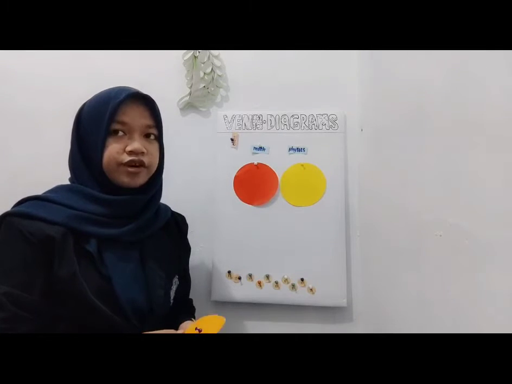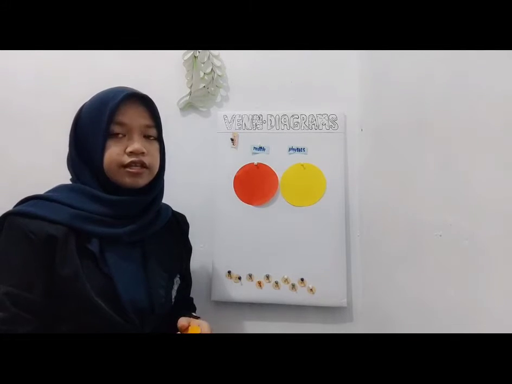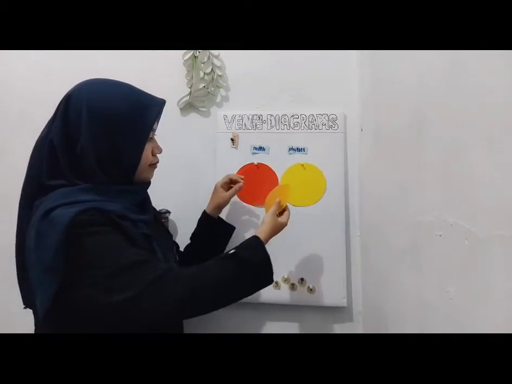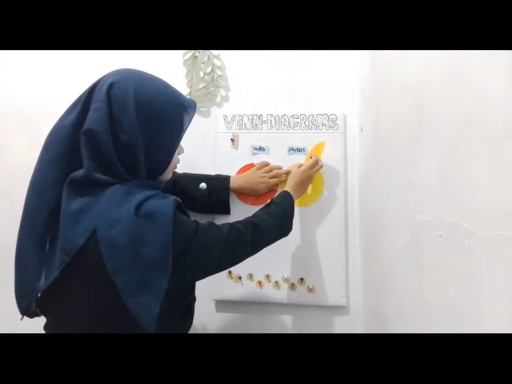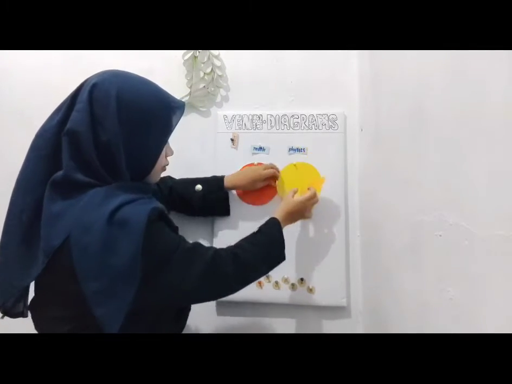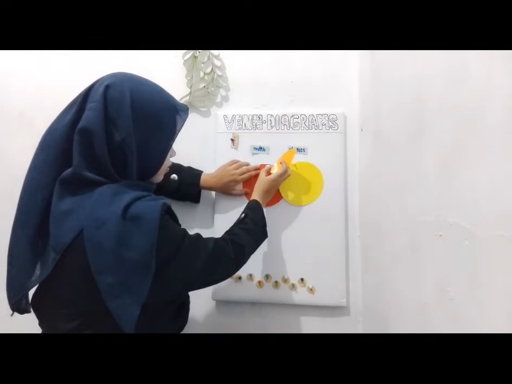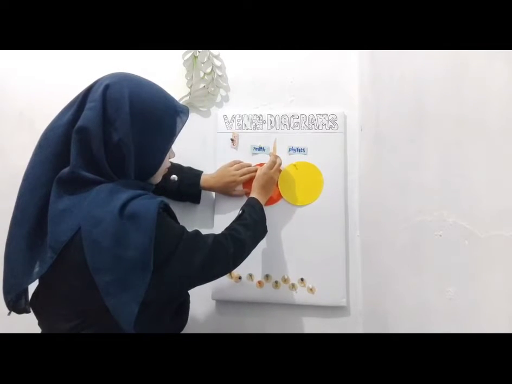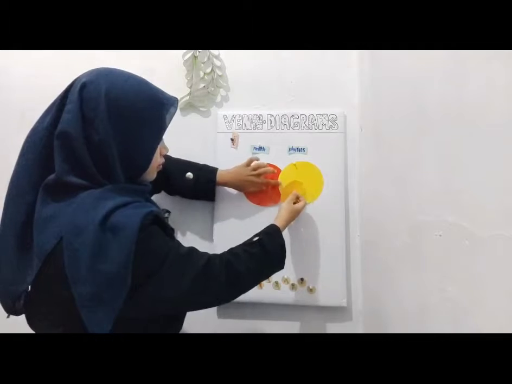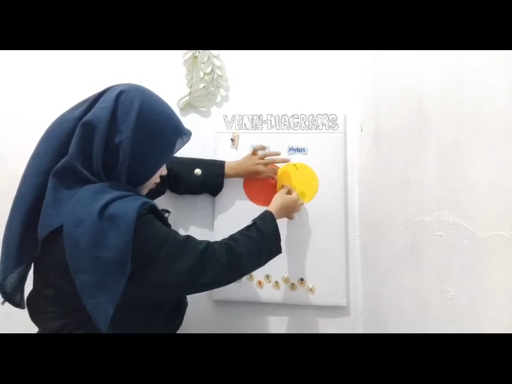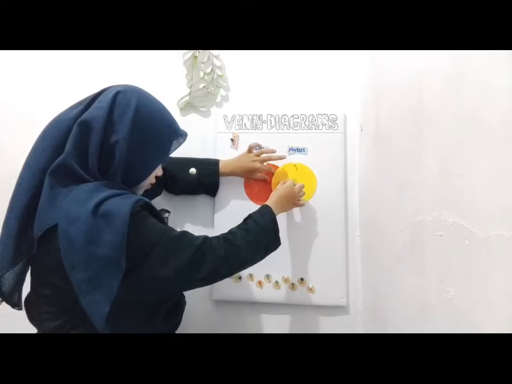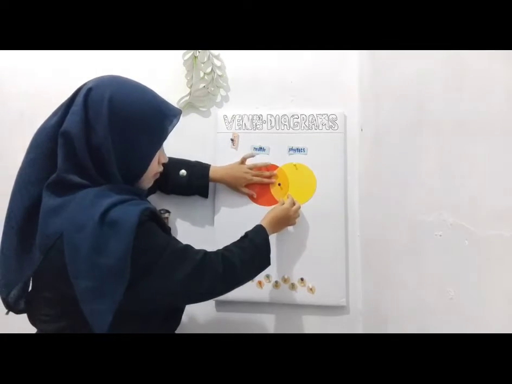We know that the overlapping region in a Venn diagram represents the intersection of events. Like this.